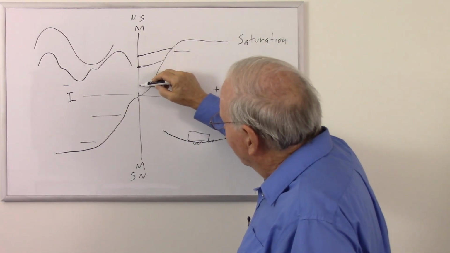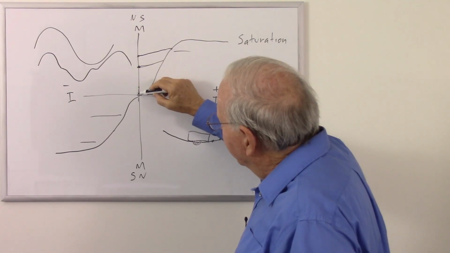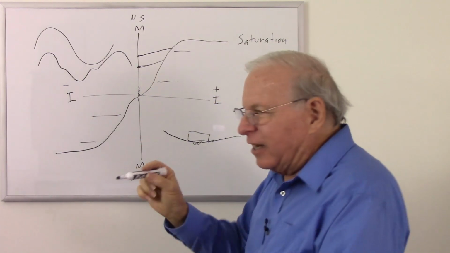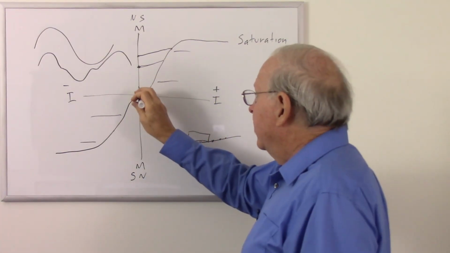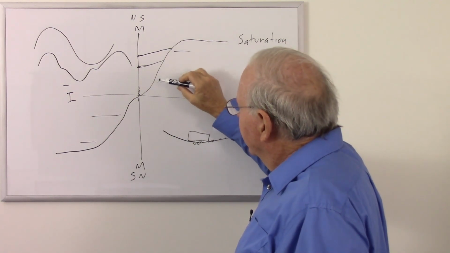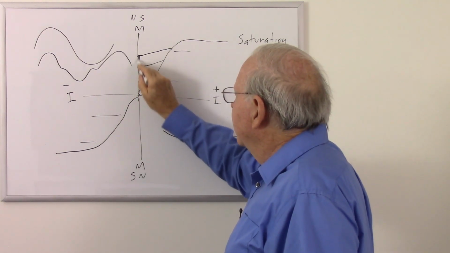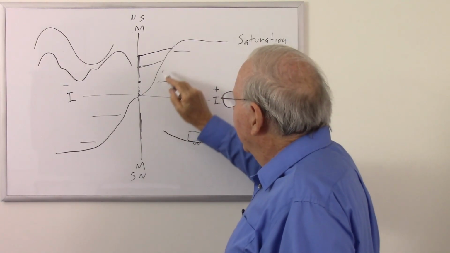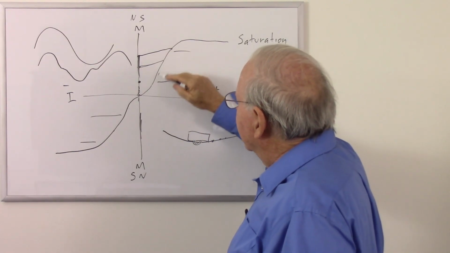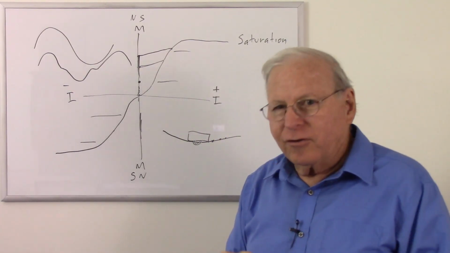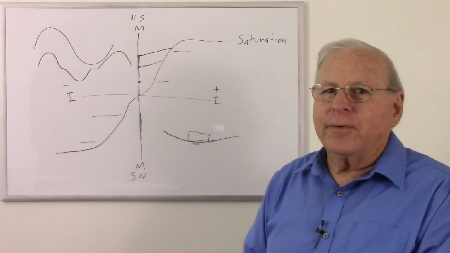It's hard to draw, but it means that our residual magnetism is not going to be evenly distributed according to our currents once we get down in this area here. So we want to stay up in that area of the current magnetic curve so that we don't have distortion. So how do we do that?